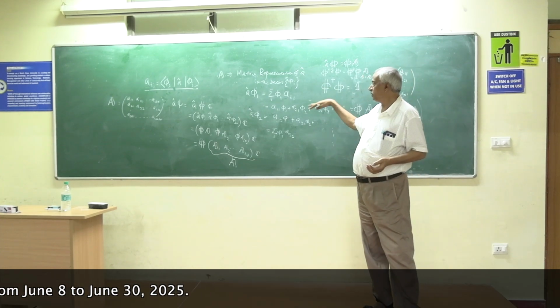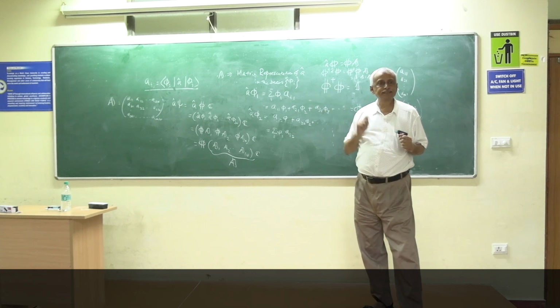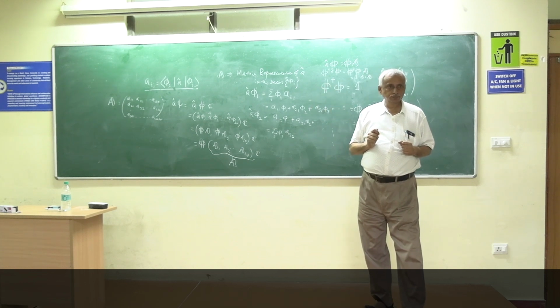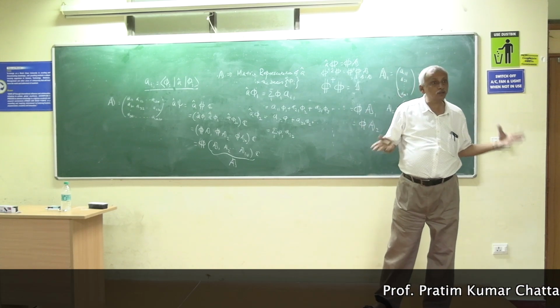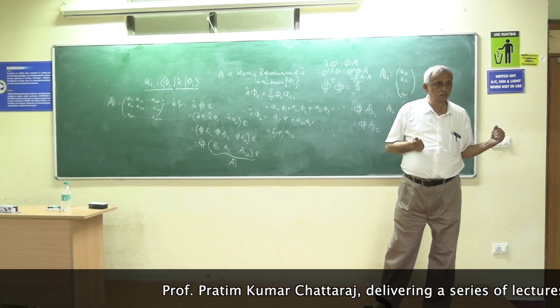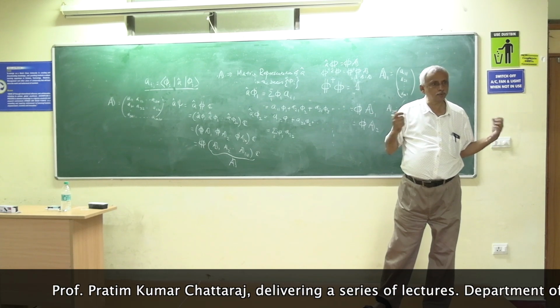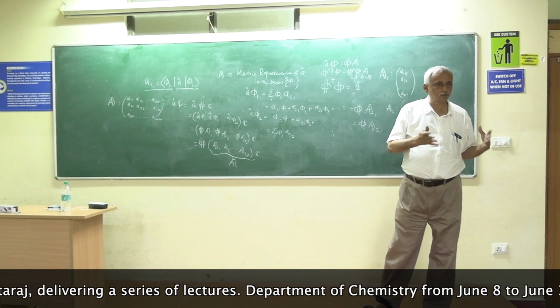So we talked about the matrix representation of an operator in a given basis set. Now if this operator is connected to some specific equation like the Schrodinger equation, this is the Hamiltonian. Hartree-Fock equation, that's your Fock operator. Kohn-Sham equation, that is your Kohn-Sham operator.